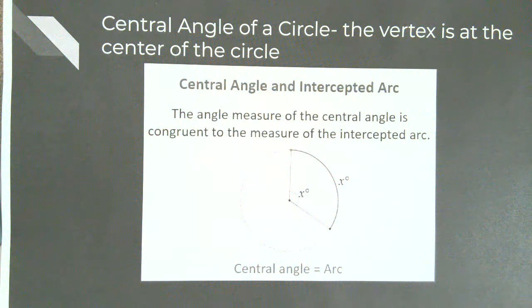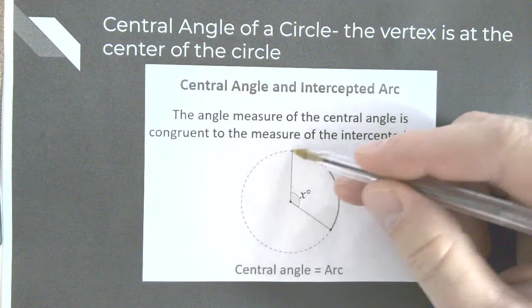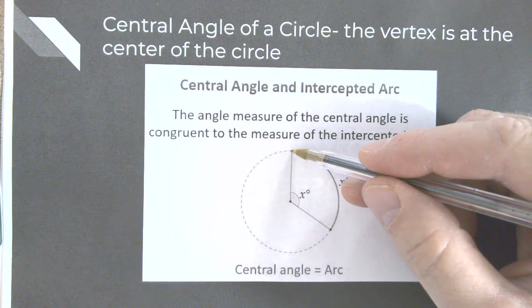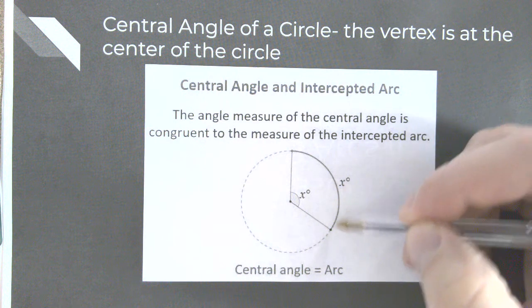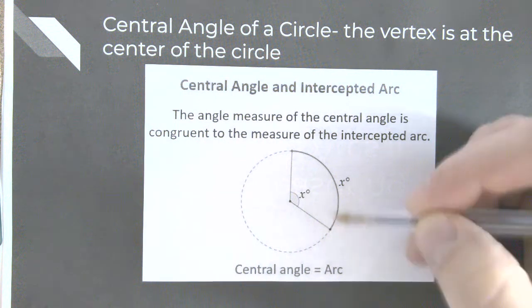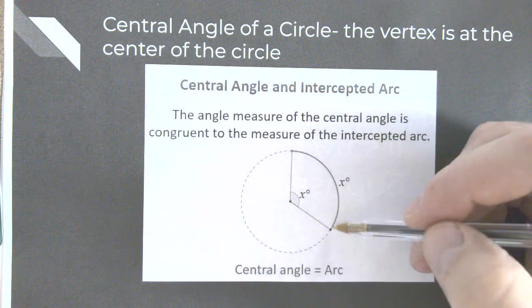Now you'll notice here that in a circle, an arc is simply a part of the circle. So from here around the circle to this point, that would be considered an arc. That is the intercepted arc of this central angle.